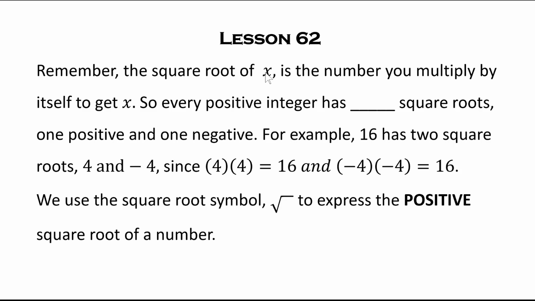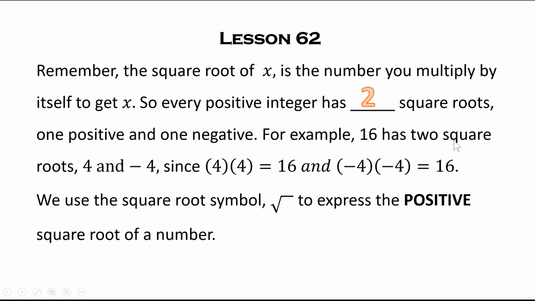But first of all, let's talk about the fact that every positive integer actually has 2 square roots. We usually only talk about the positive square root because we usually use the radical symbol, and the radical symbol expresses the positive square root of a number. But every positive number has exactly 2 square roots, one positive and one negative.